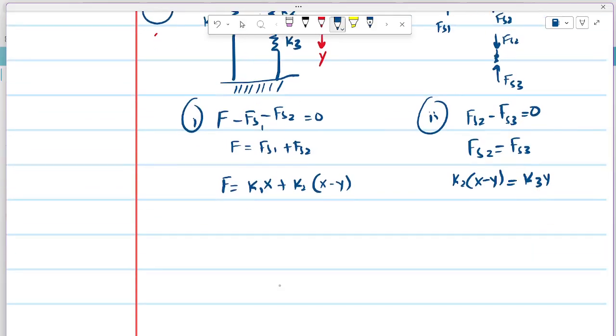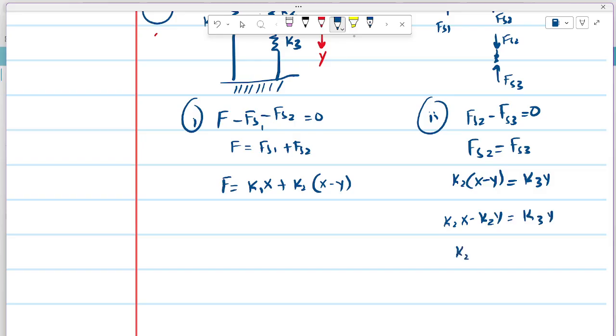Try to eliminate y, to reduce the number of independent coordinates, so that we can simplify. Opening this up, K2 x minus K2 y equals K3 y, and you can take the K2 y to the other side.